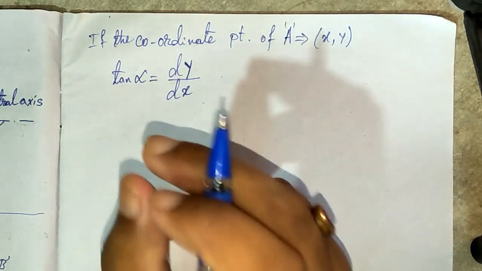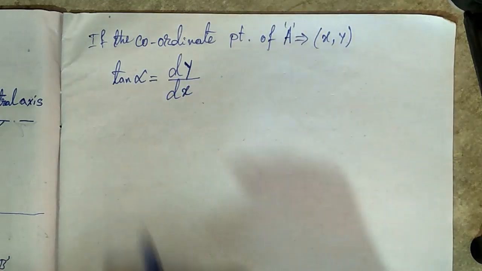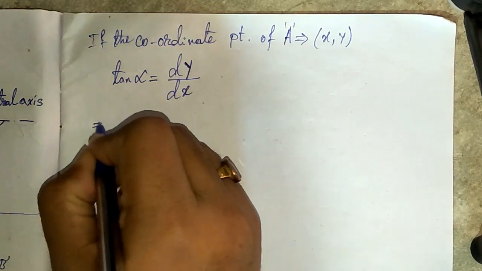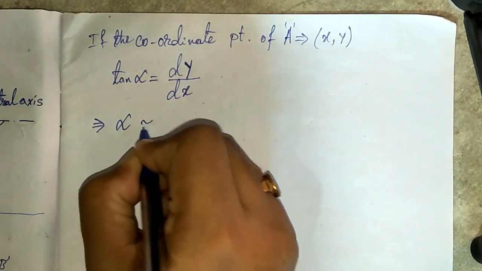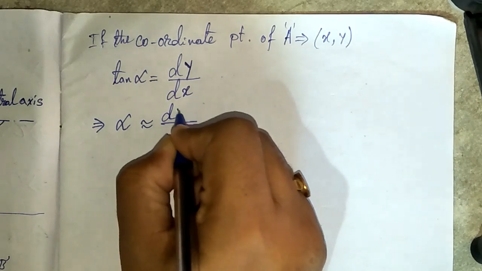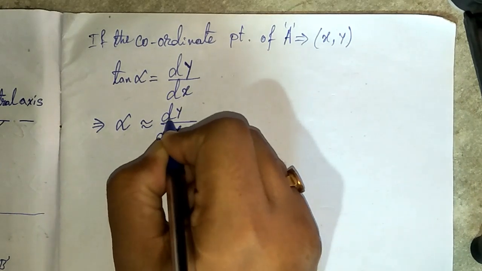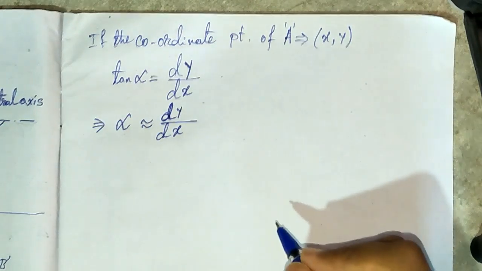Since this angle alpha is very small, we can simply write alpha equals dy by dx.